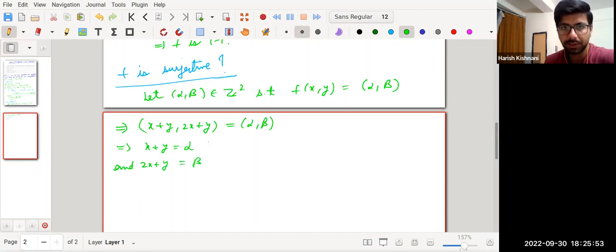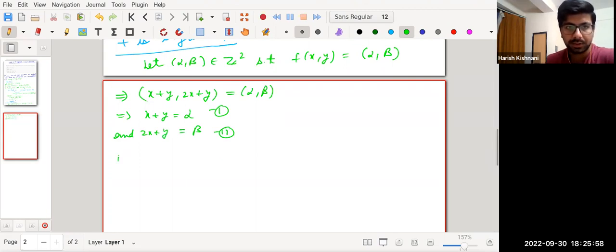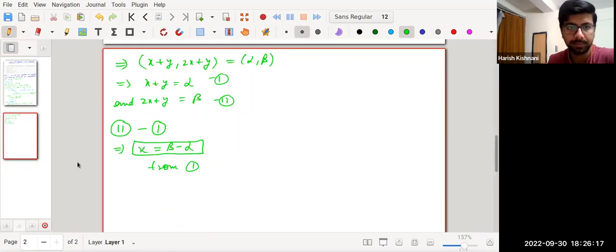This is your first equation and this is your second equation. So you just do second minus first. That will give you x is the same as beta minus alpha. Then put it back in the first. You will have beta minus alpha plus y is alpha, and that will imply that y is 2 alpha minus beta, right?